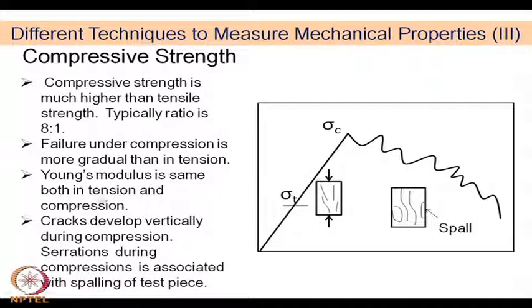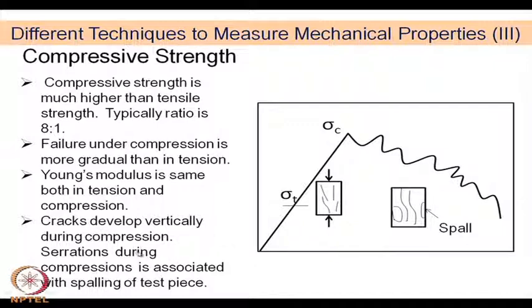Young's modulus is more or less the same in both tension and compression. The same line is followed so far as the elastic zone is concerned, because Young's modulus is basically the slope of this line. So, you have more or less the same slope.